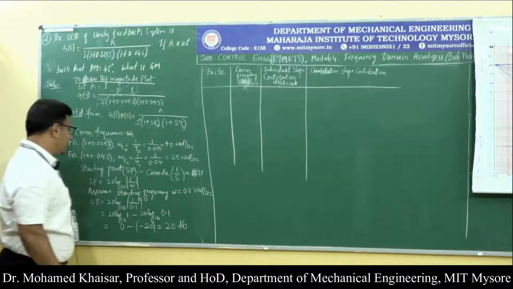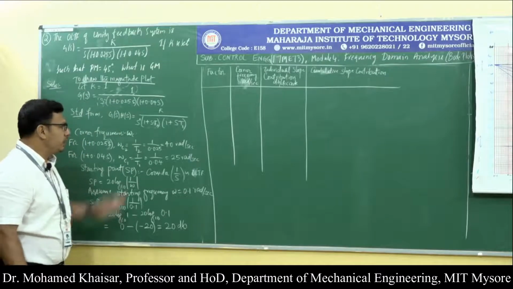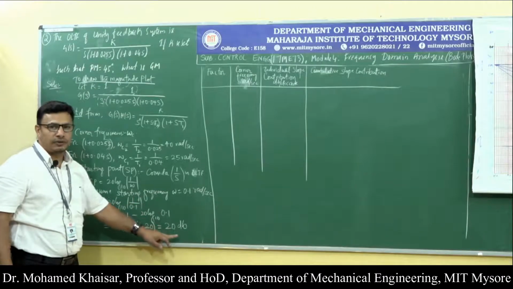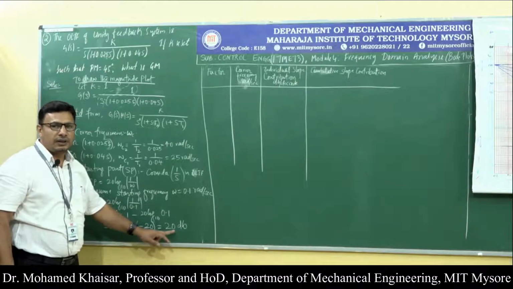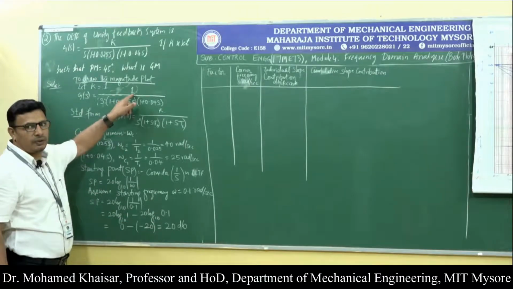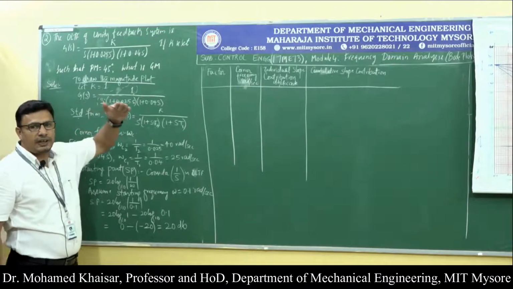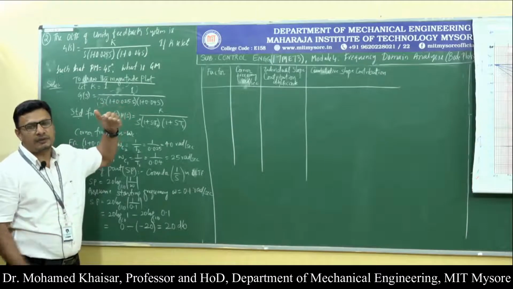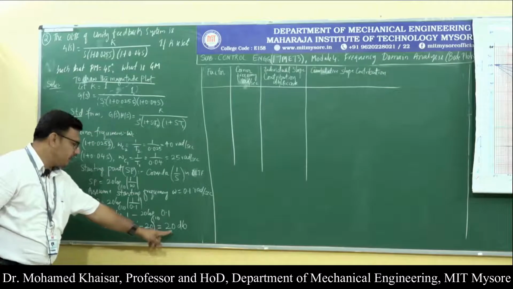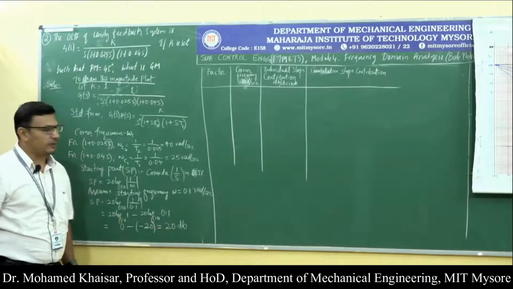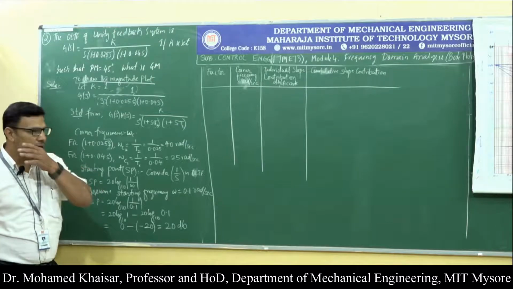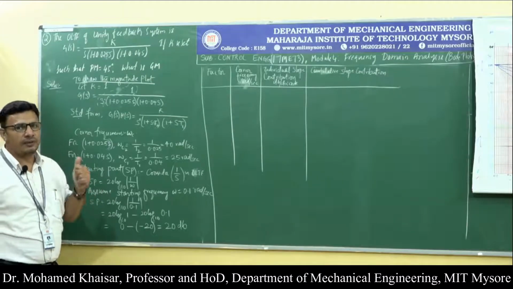Now, what is the first factor you must write? Constant k is ruled out because you have calculated the starting point over here. The magnitude plot for the constant k or 1 will be a straight line parallel to the x-axis, meeting the y-axis at 20 decibels, so it is ruled out.